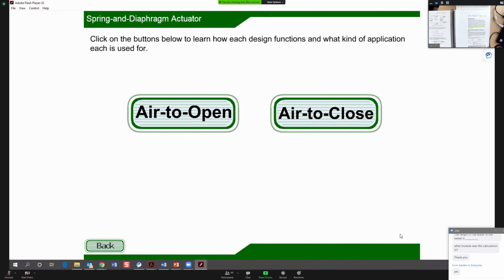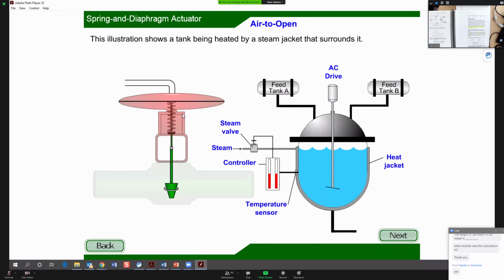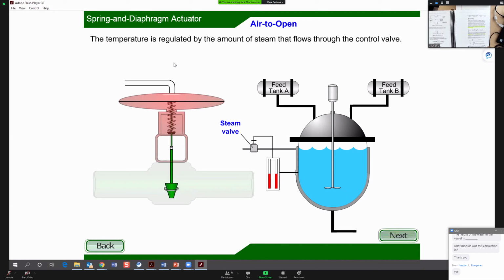So here, a tank is being heated by a steam jacket that surrounds it, and the temperature is regulated by the amount of steam flowing through the control valve. If overheating would damage the material in the tank, the air to open valve shall be used.